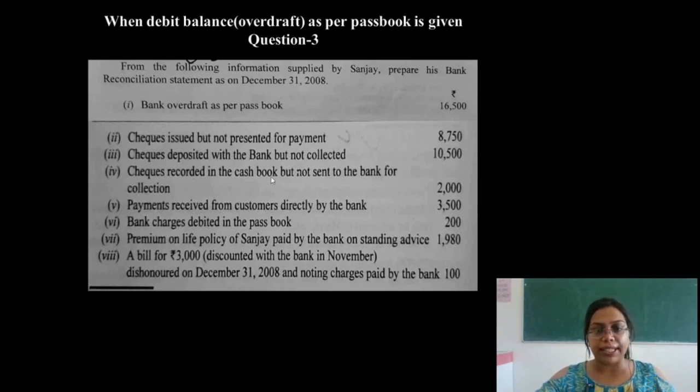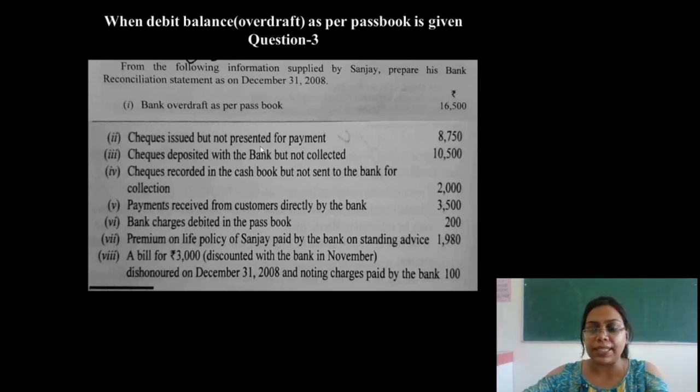Checks recorded in the cash book but not sent to the bank for collection, 2,000. Payments received from customers directly by the bank, 3,500. Bank charges debited in the passbook, 200. Premium on life policy, 1,980, and a bill of rupees 3,000 has been discounted with the bank in November. It has been dishonored, and noting charges are paid by the bank, rupees 100. So this is the question.